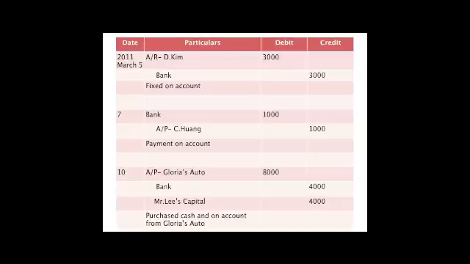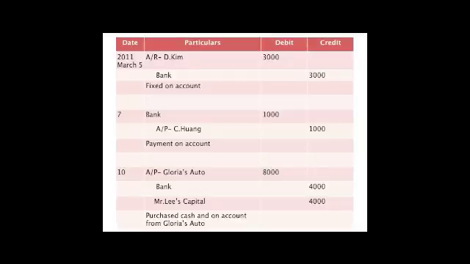Therefore, 1,000 is being debited in the bank because money is received from Si Huang. The next example that I'm going to talk about is the third transaction, which is on the 10th of March. It states purchased 8,000 car parts from Gloria's Auto, $4,000 cash, and the remaining on account. Accounts payable Gloria's Auto is debited $8,000 because the company bought car parts from Gloria's Auto, and now we owe the company money.